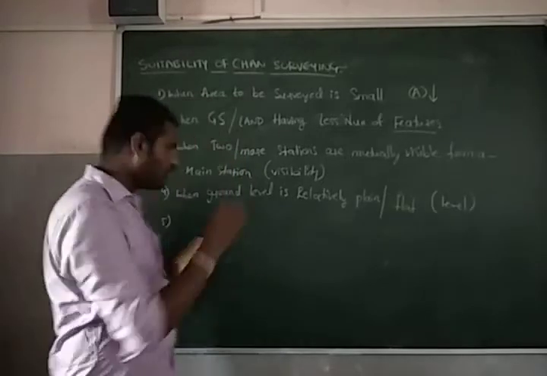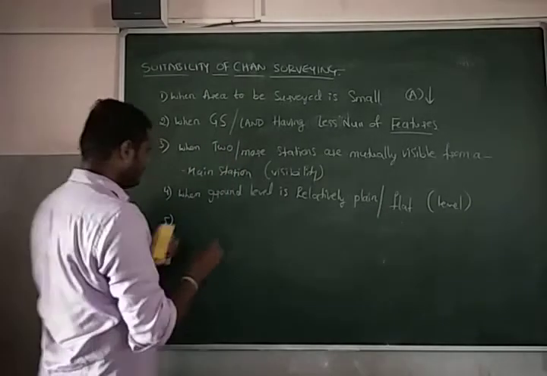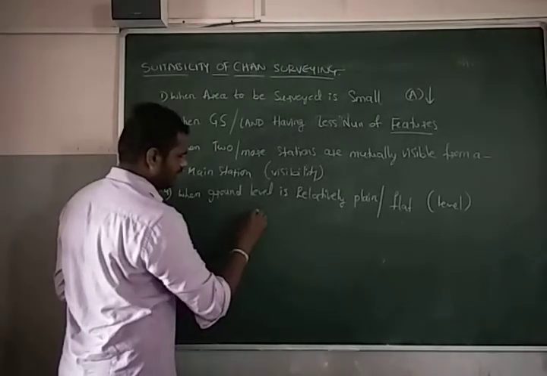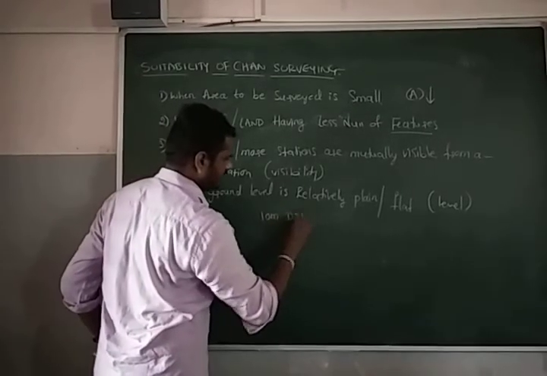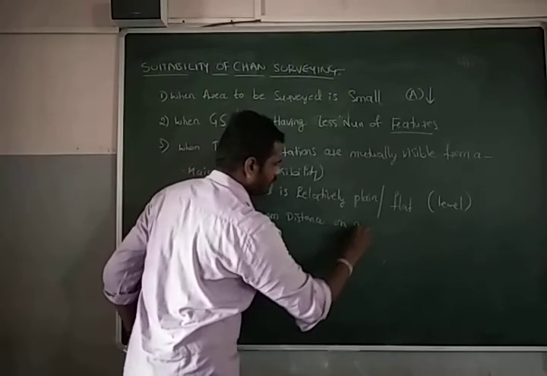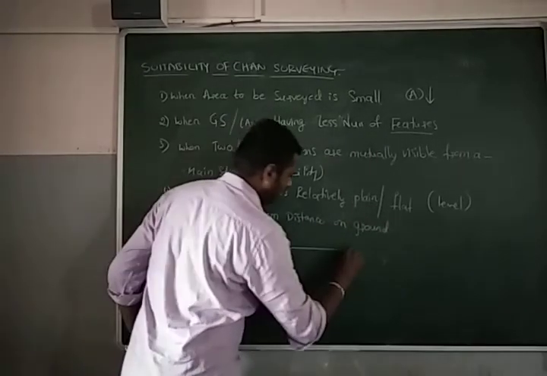So whenever you want the large scale, first suppose on the ground I am measuring a 10 meter distance. In the field, directly, I have measured the length of a line, 10 meter.